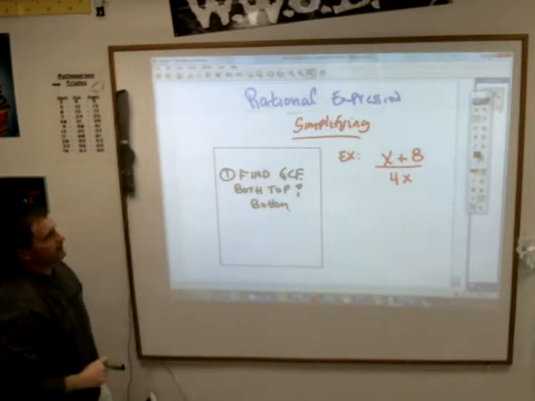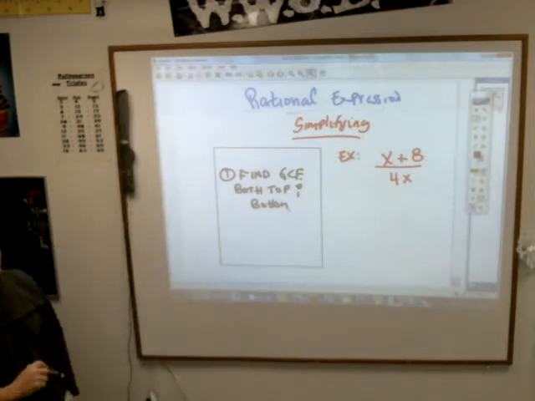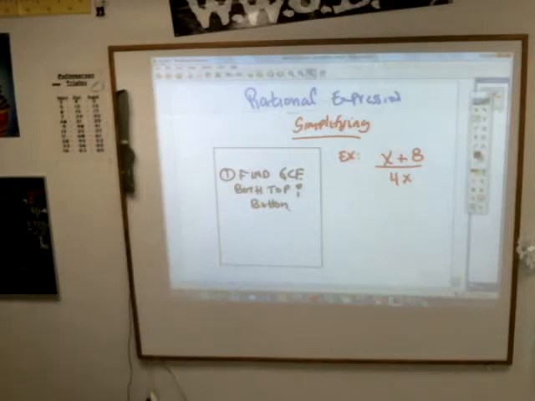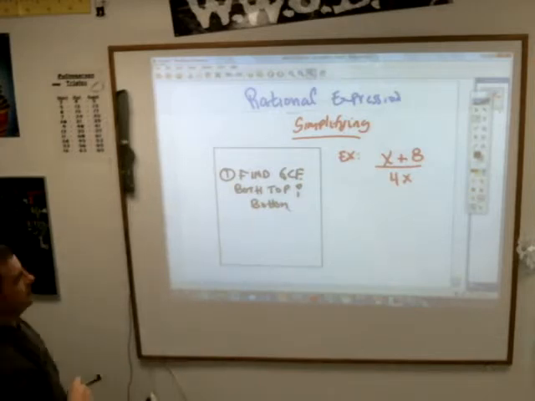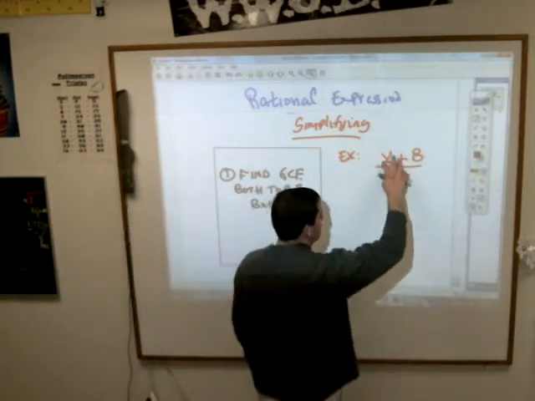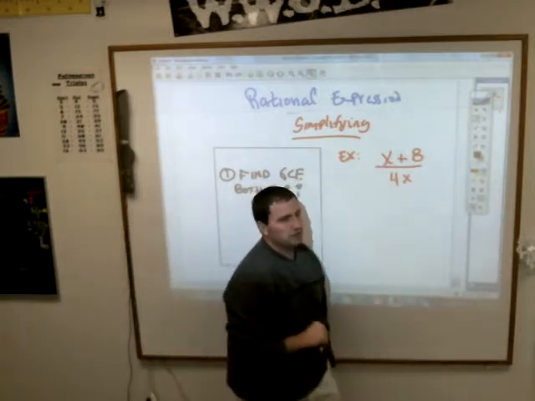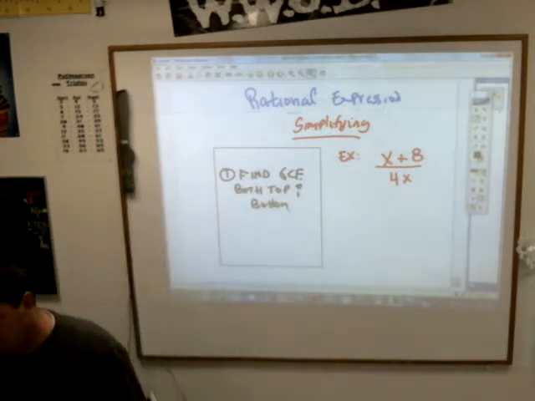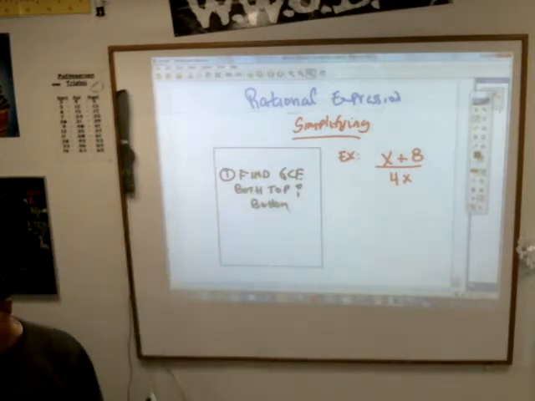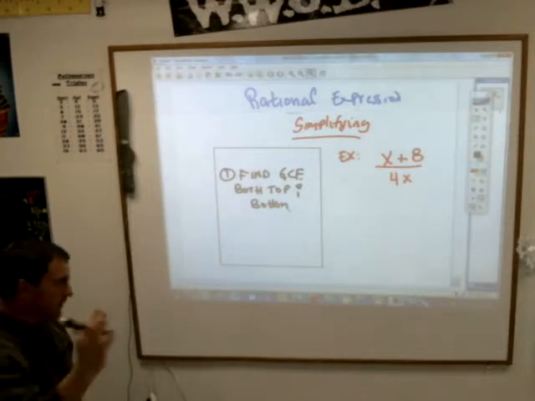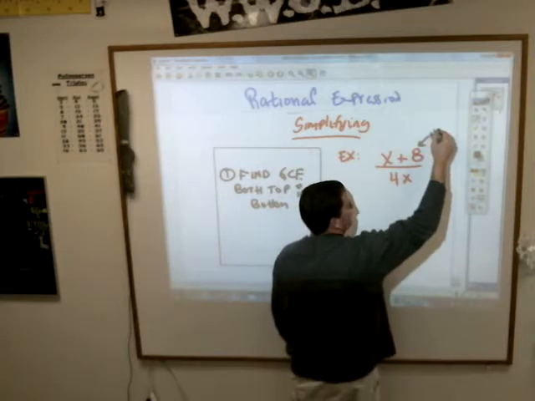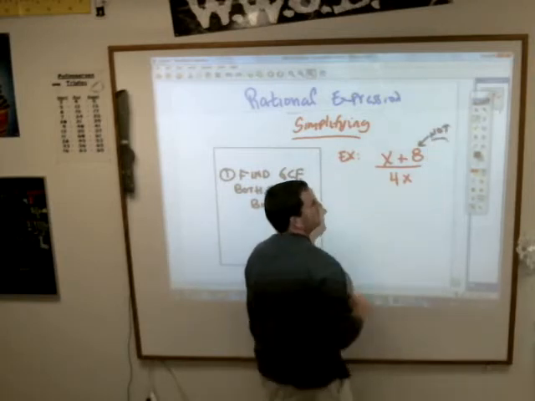So if you look at x plus 8, what does x plus 8 factor down into? What can you take out of an x and an 8 both? What can you do to make it something times something? What times what gives you x plus 8? Nothing. You cannot factor. This is not factorable. You can't do anything more with it.